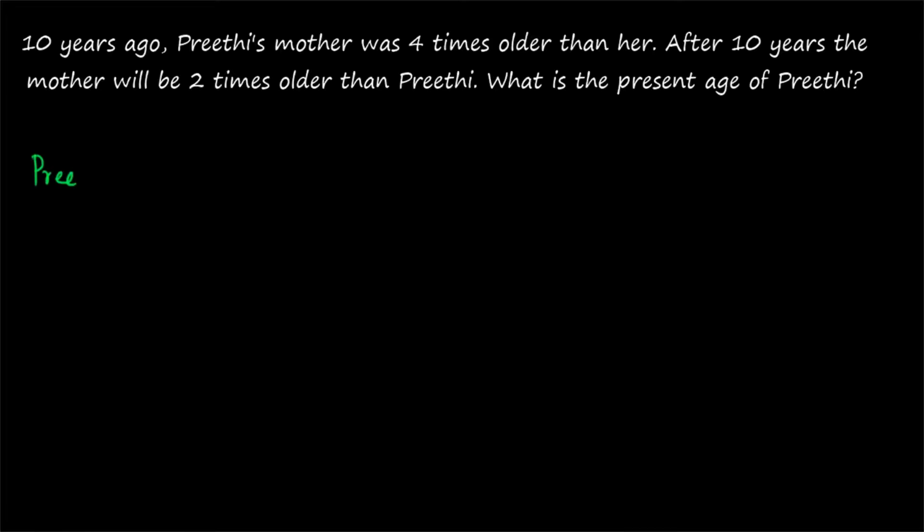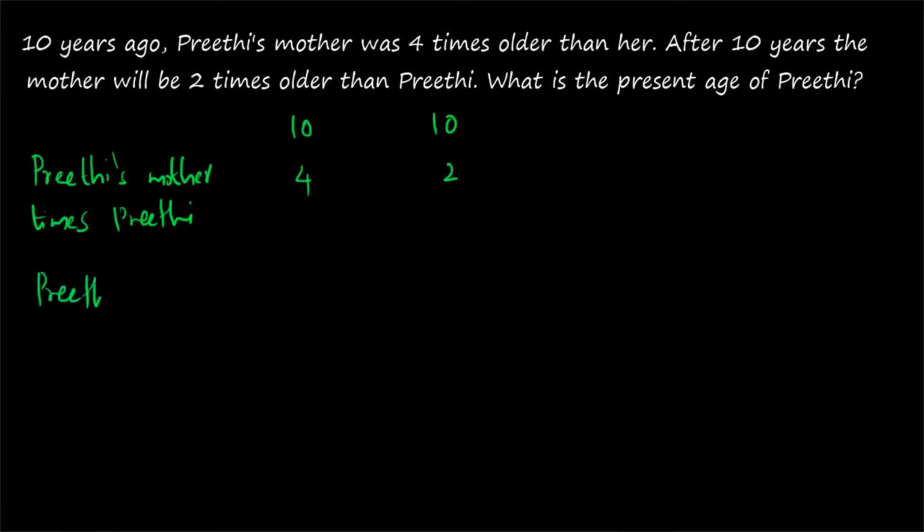Preethi's mother times Preethi, how many times is Preethi's mother's age that of Preethi? So 10 years ago, so 10 will come here, and again 10 years after, so again 10 will come in the second column. So 10 years ago Preethi's mother was 4 times, and 10 years after it will become equal to 2 times. So what is Preethi's age?